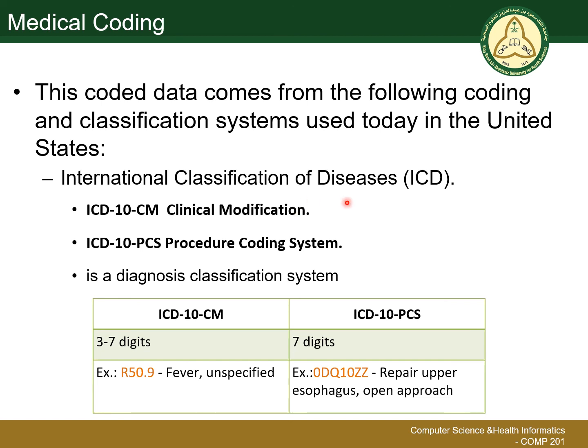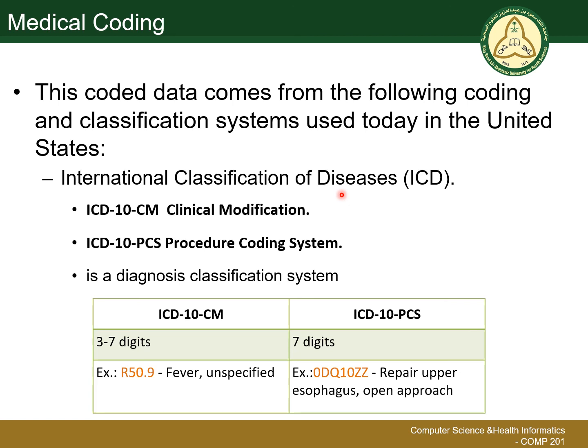We need to update the classification system annually because of the limitations on the expansion of specific categories of disease, and also the revision of the system will be approximately every 10 years.